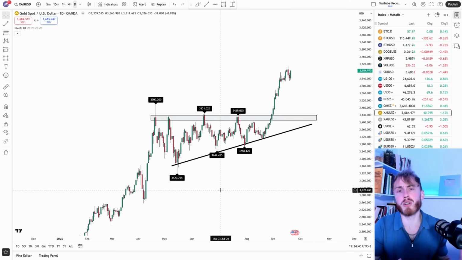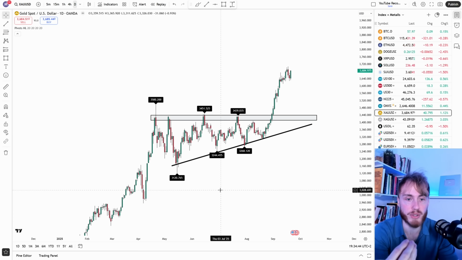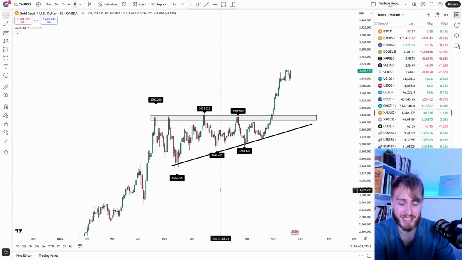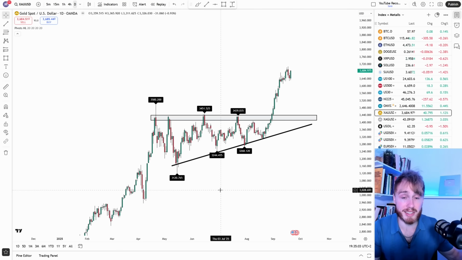Here, when it comes to drawing support and resistance, some traders will say you have to use the wicks when you draw support and resistance, or some traders will say, no, you should only use the real bodies. But the truth here is that in real markets, support and resistance levels are very seldom these sort of perfect lines in the market.